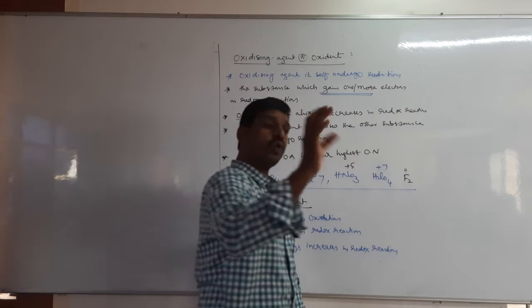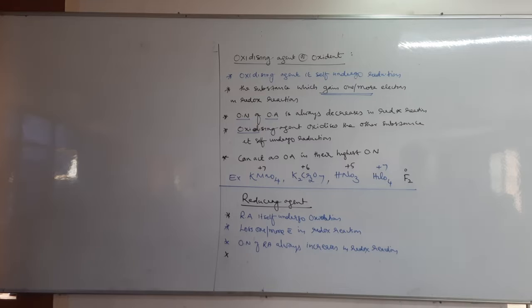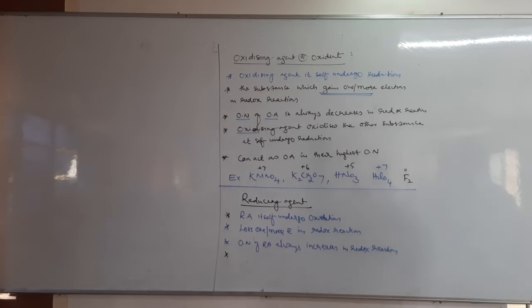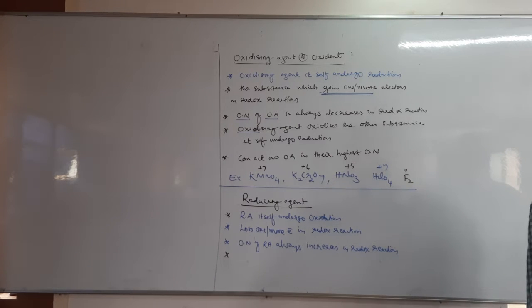In order to undergo oxidation, whether the substance can act as a reducing agent should have highest or lowest oxidation state? Lowest, right? So the substances having the lowest, that is minimum, oxidation state can act as a reducing agent.